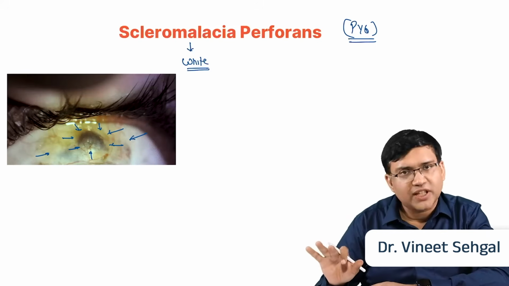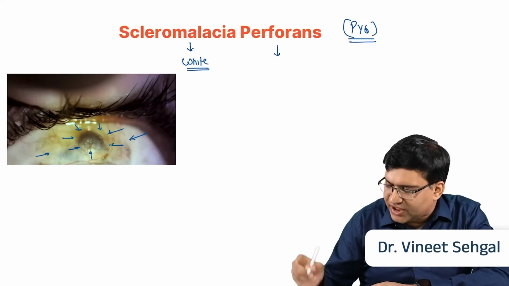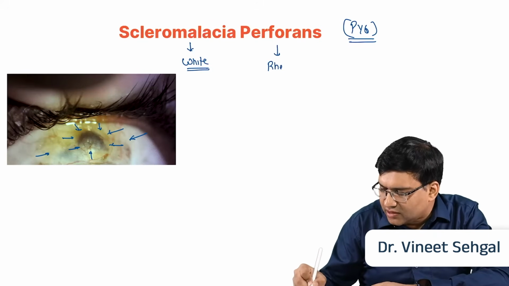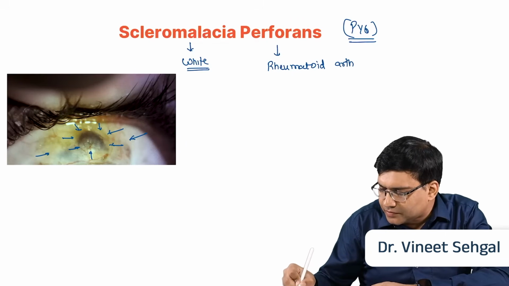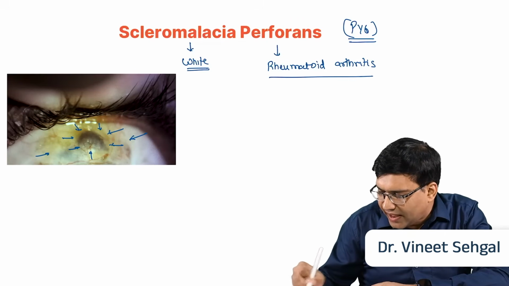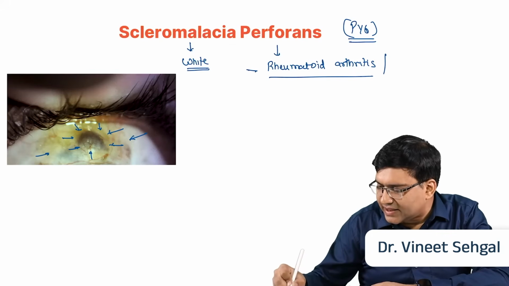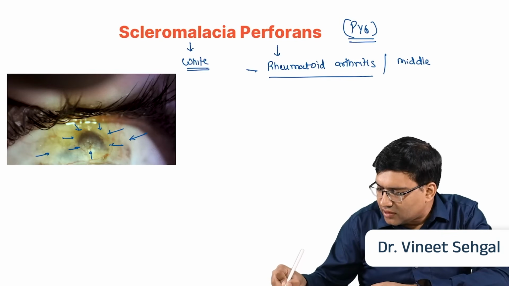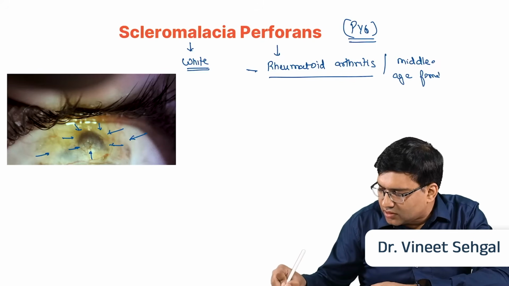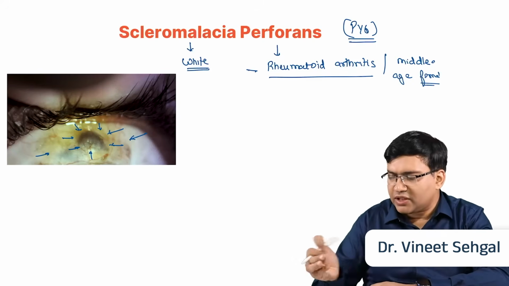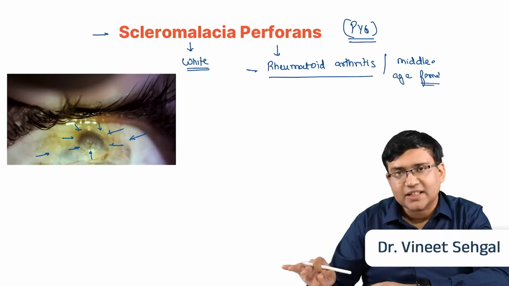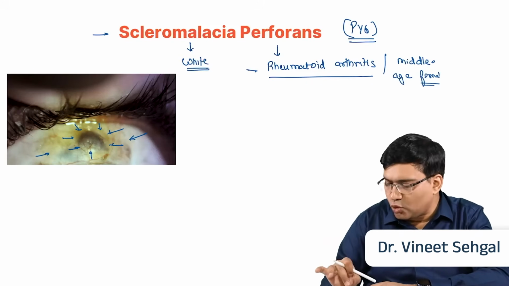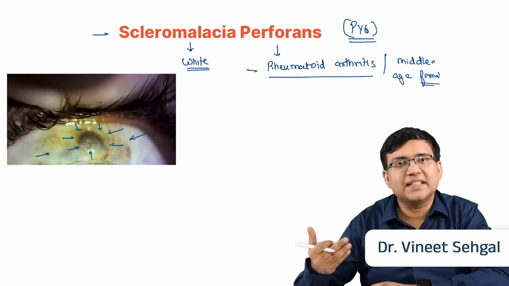But they would give you a question, patient is having a history of rheumatoid arthritis, and they would say that the patient is a middle-aged female, she is having this kind of picture. So your answer becomes more in accordance with scleromalacia perforans as compared to a staphyloma, that is a ciliary staphyloma.